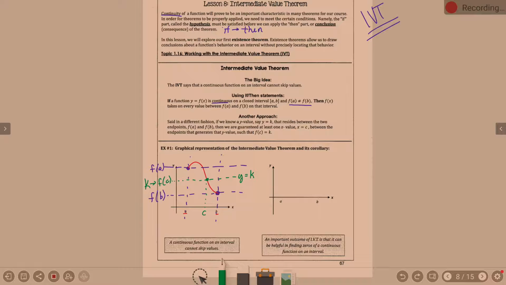So this is saying that every y value between f of A and f of B has an existing value. I could pick any x value from A to B, and y does exist on this interval. Somewhere there. That's what we're saying.